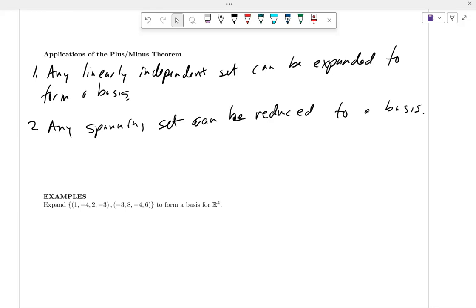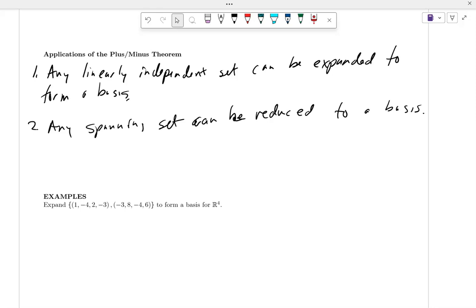It can't span, right? The reason why is there's not enough vectors. Minimally, how many vectors do you need to be able to span R4? 4, because the dimension's 4, right? I need 4 to be able to span. I only have 2, right? So without doing any work at all, that can't span.